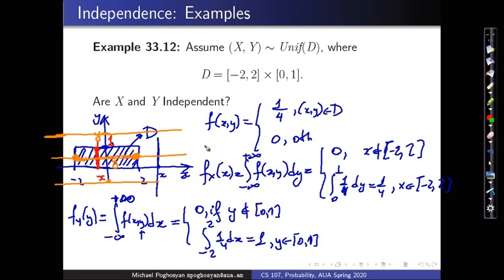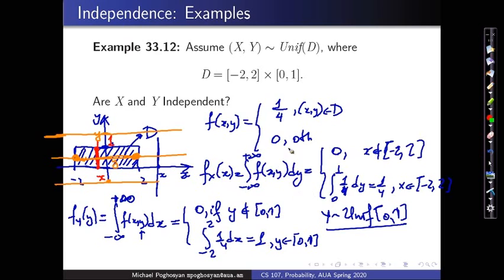By the way, the distribution of y is uniform in 0, 1. This is what we have obtained. We have shown that the PDF of y is 0 if y is not in 0, 1, and 1 in this interval 0, 1.